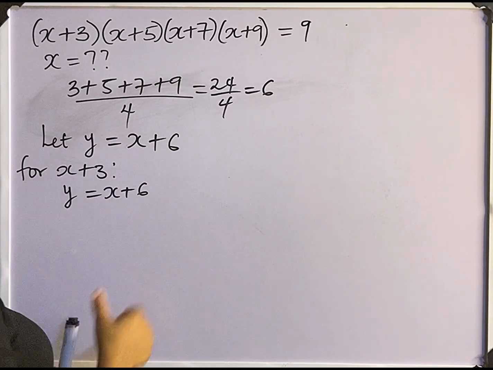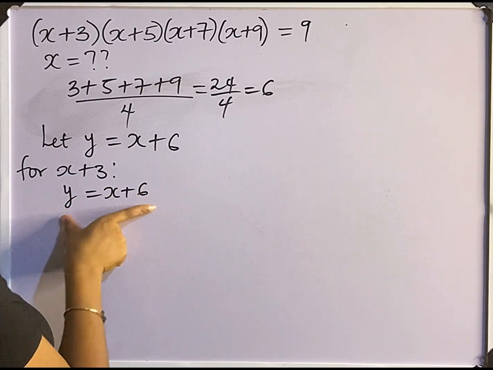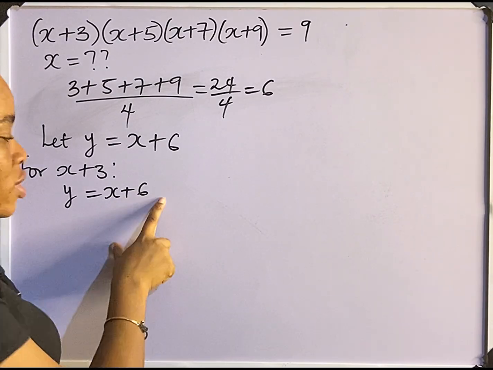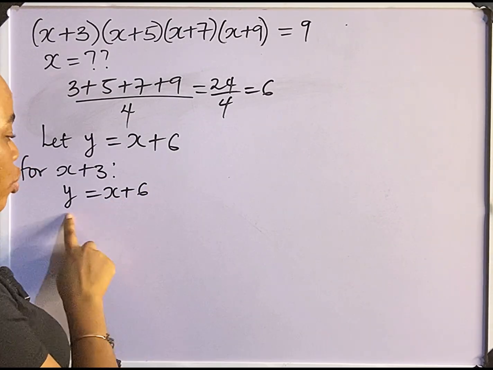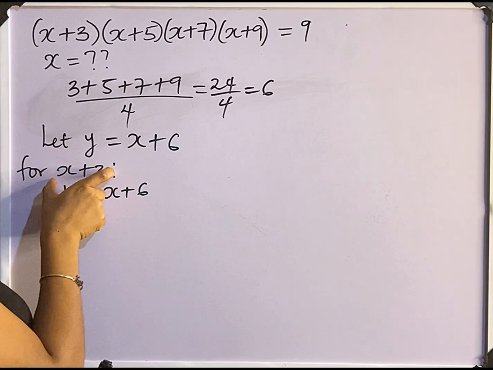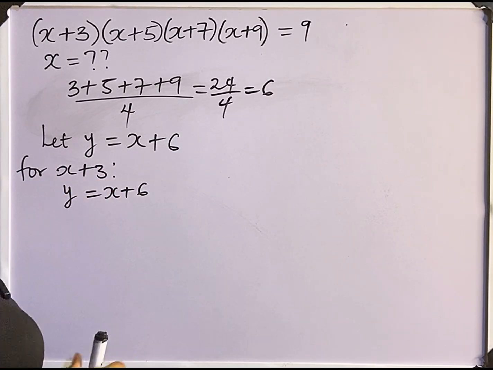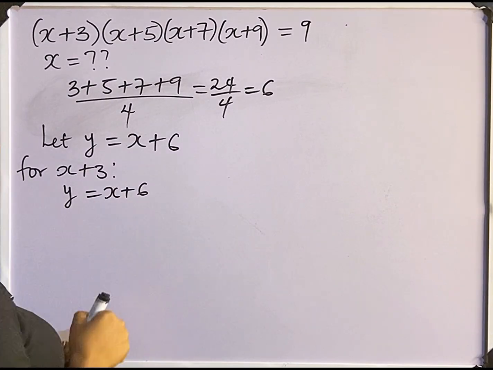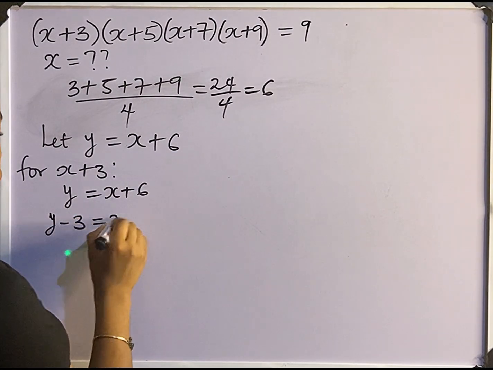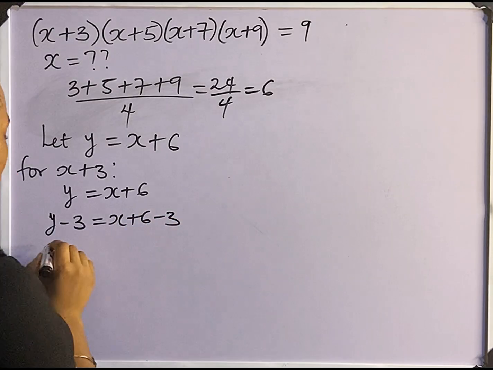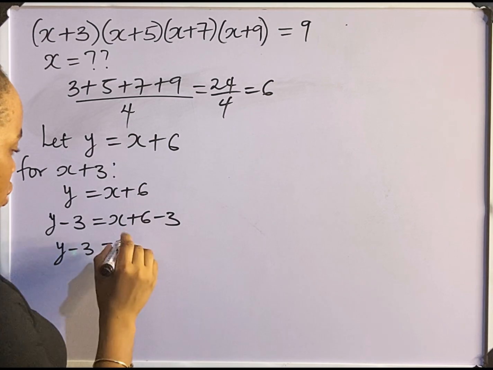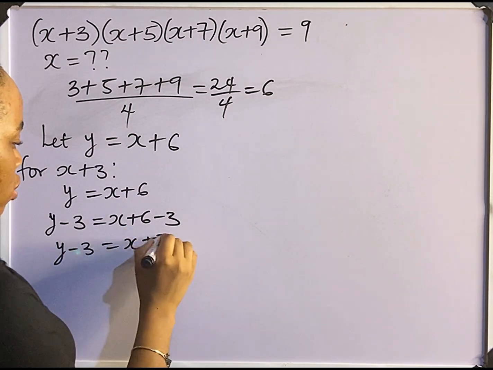How do I rewrite this to get x plus 3? I'll simply subtract 3 from both sides to balance the equation. So I'll have y minus 3 equals x plus 6 minus 3, which gives x plus 3.